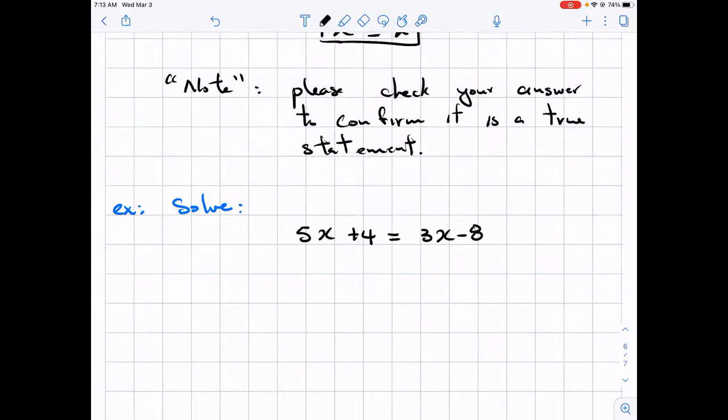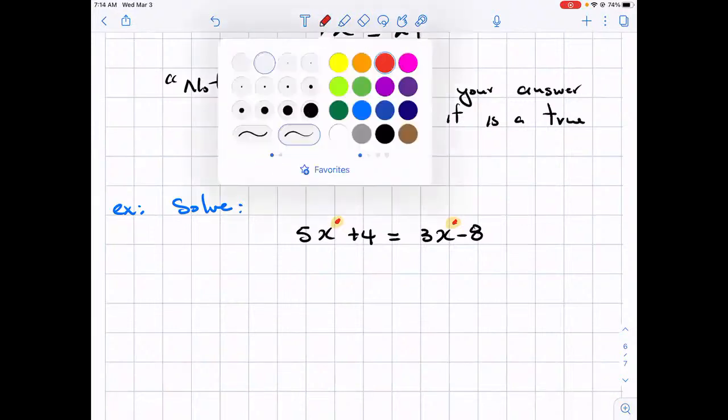I wanted to point out that the exponent of these x's is 1, there is an invisible 1 there. And you will see as you solve equations that the exponent has something to do with the number of solutions you get. So let's solve this.